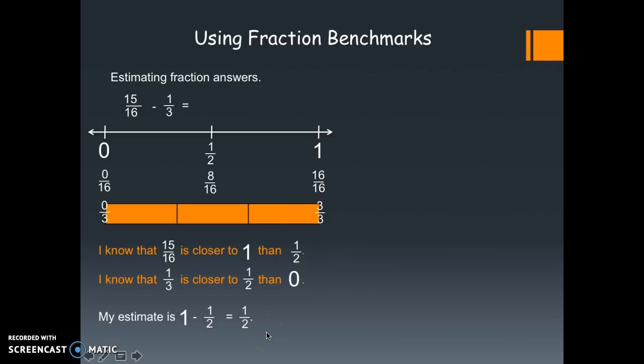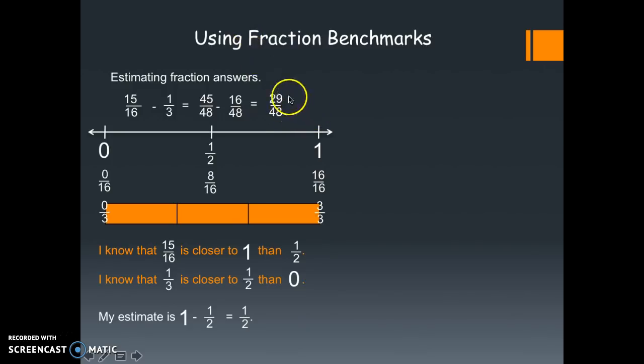So that's what I'm going to expect my answer to be close to. So when I actually do the problem, 3 does not go into 16, and I can't divide anything to get down to 3, so I'm going to multiply these to get my denominator, and it's going to end up being 48. So I'm going to have 45/48 minus 16/48, and that's going to give me 29/48.